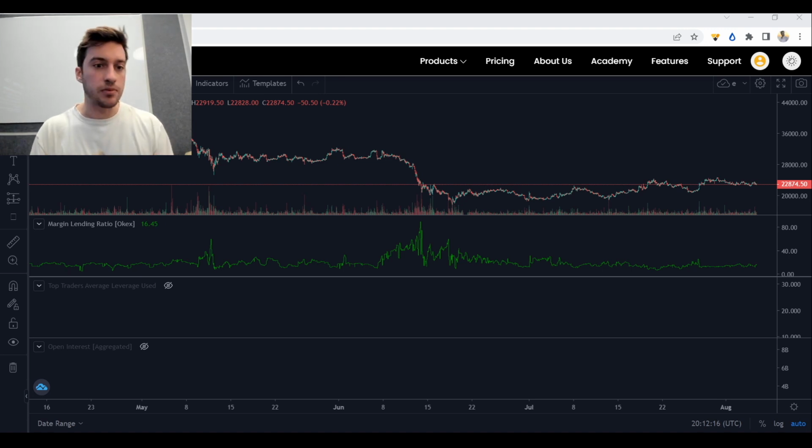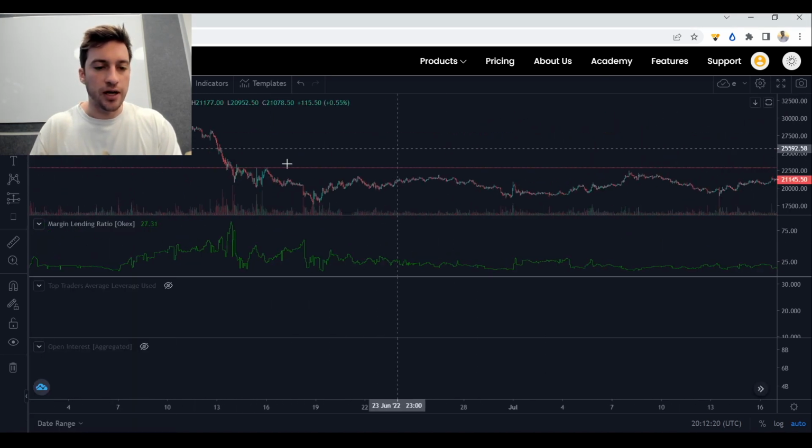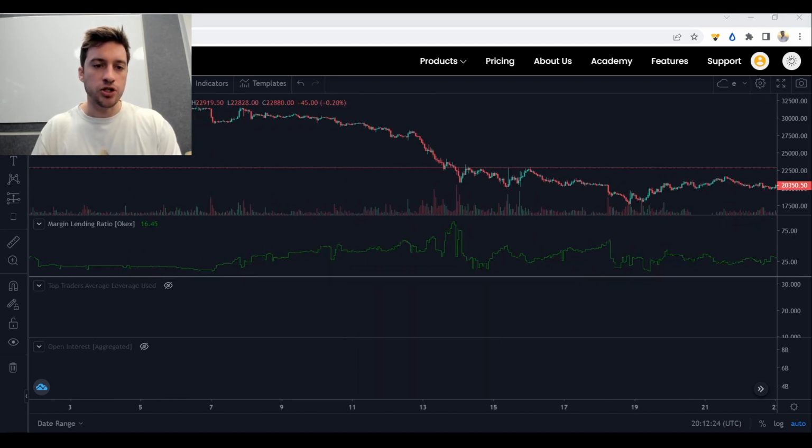So essentially, when the ratio, you can see right here, gets very, very high, what that basically means is that margin spot traders who are borrowing dollars in order to go long are using more and more leverage, or margin in this case. And you can see that happening right here.